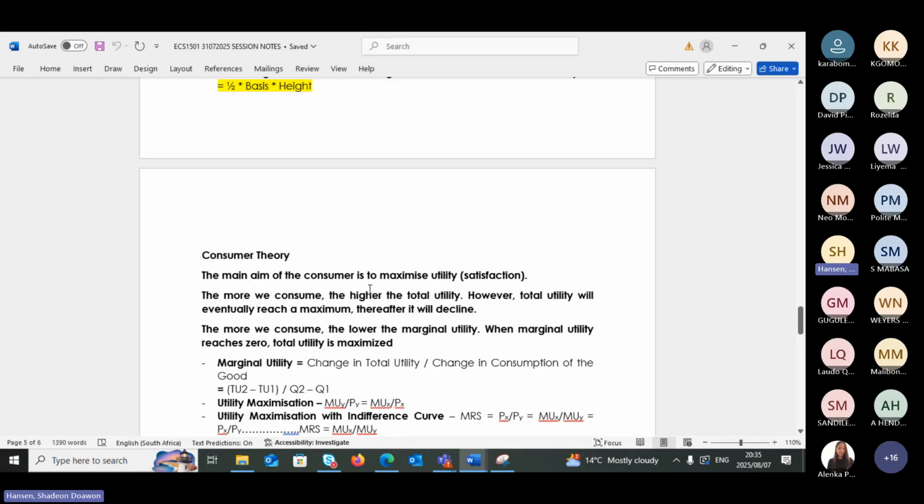The more we consume, the higher the total utility. However, total utility will eventually reach a maximum. Thereafter, it will decline. Also, the more we consume, the lower the marginal utility. When marginal utility reaches zero, total utility is maximized.